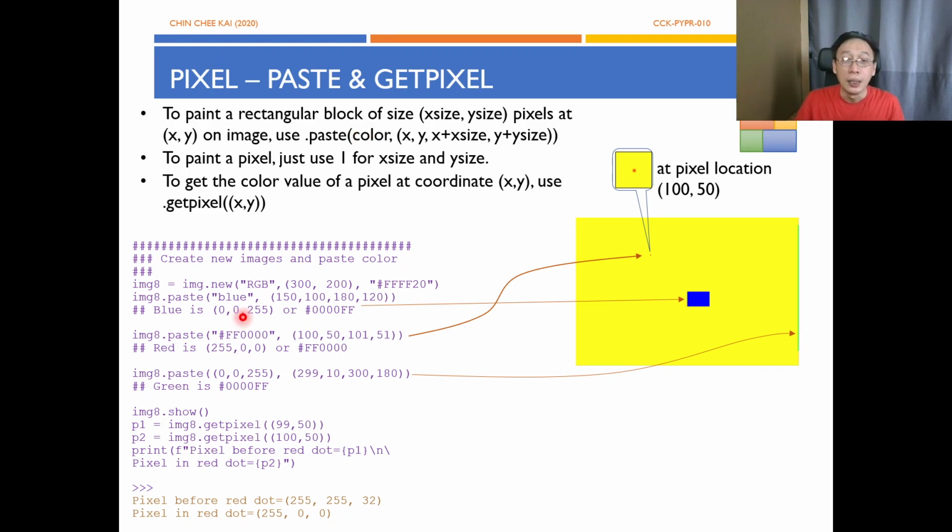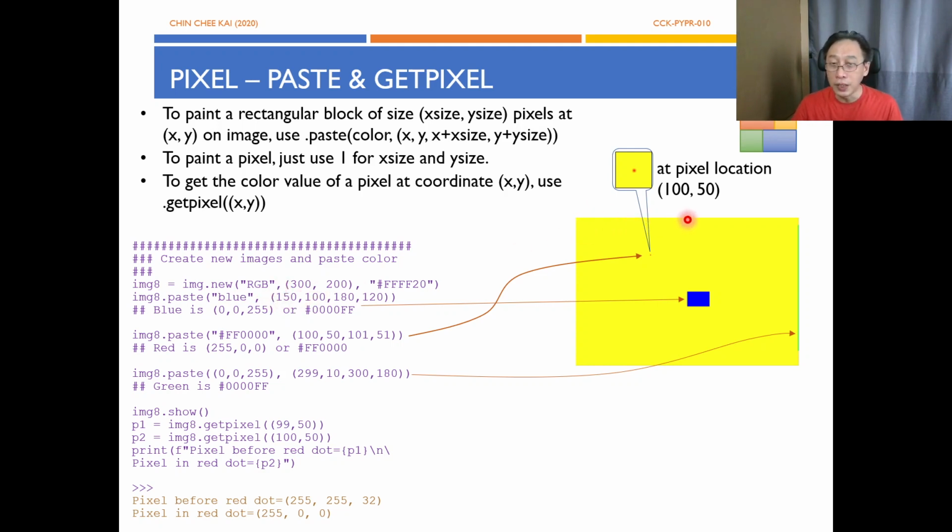So something like this. We make a new image of size 300 pixels, 200 pixels of yellow color. All right, this is red and green that will give us yellow with a tint of blue. Then we say we paste, right? We paste the color blue, because color blue is well defined. Or you can specify a tuple 0, 0, 255, right? And starting at 150, comma 100.